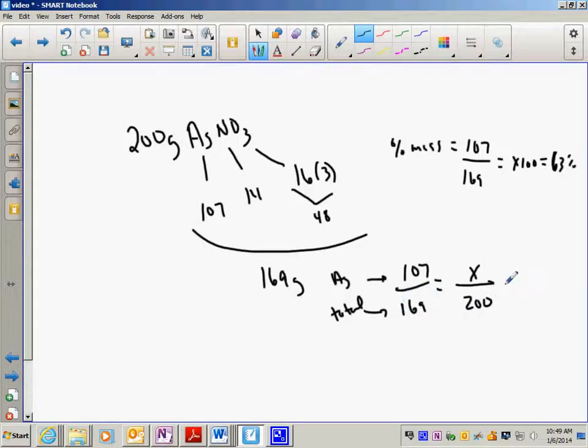Equals, again, we're using proportions here, is 126 grams. All right, so I could do something similar to this using factor label, 200 grams. And this is grams of total to grams of just silver total. And this is going to be 169 to 107, and you'd get 126 grams.